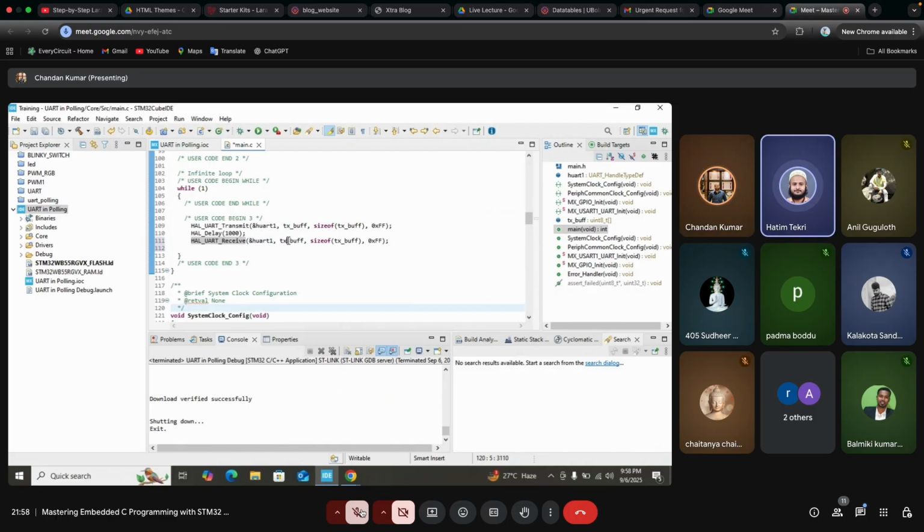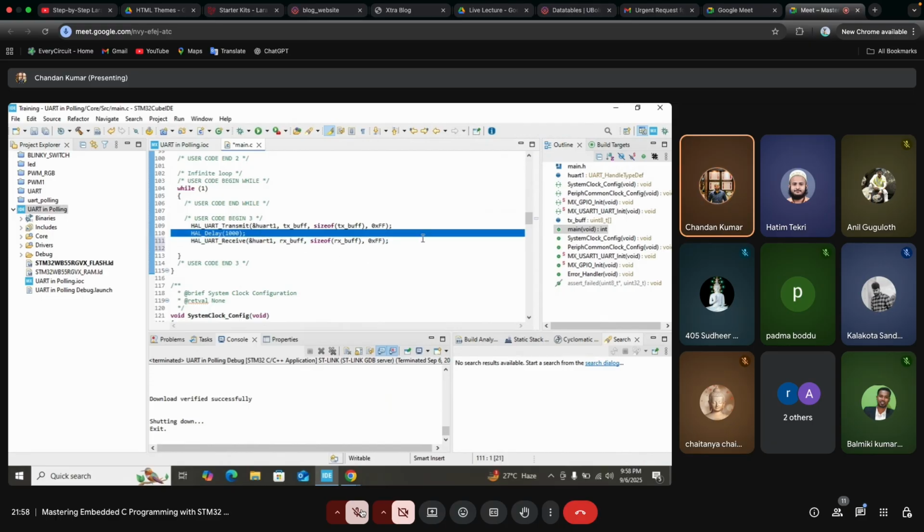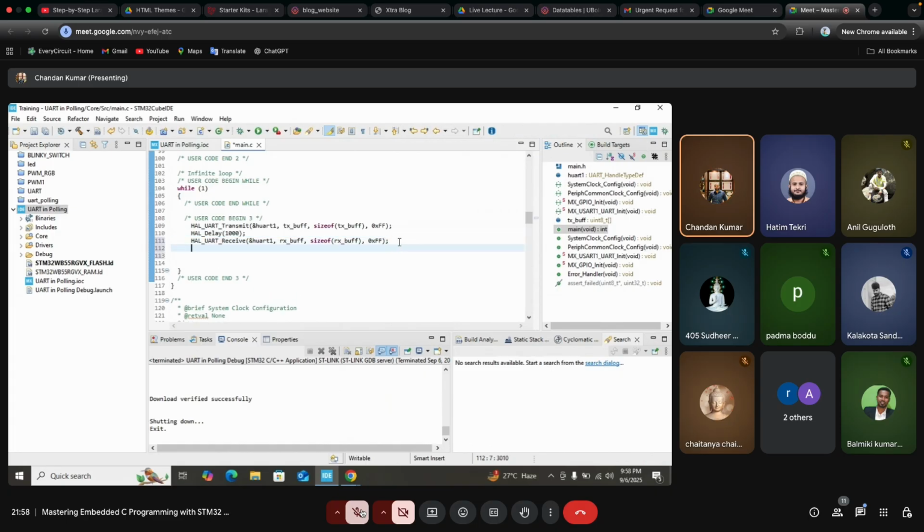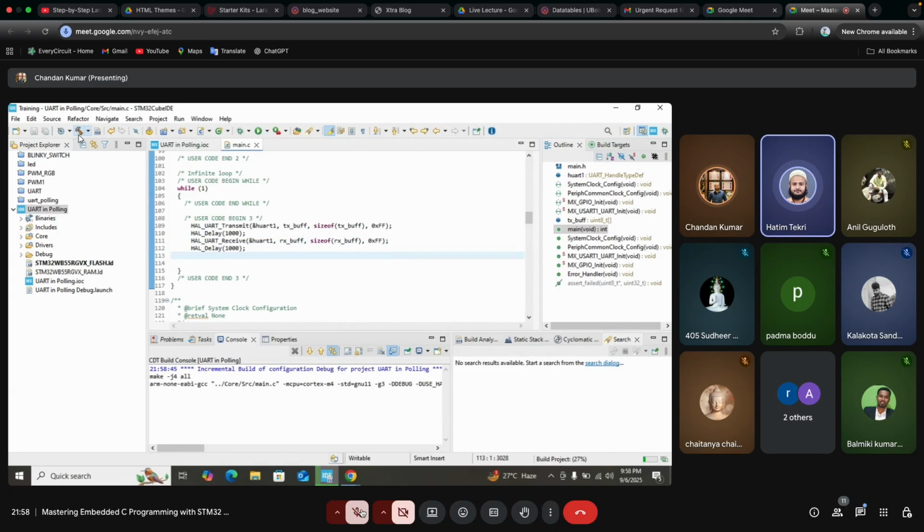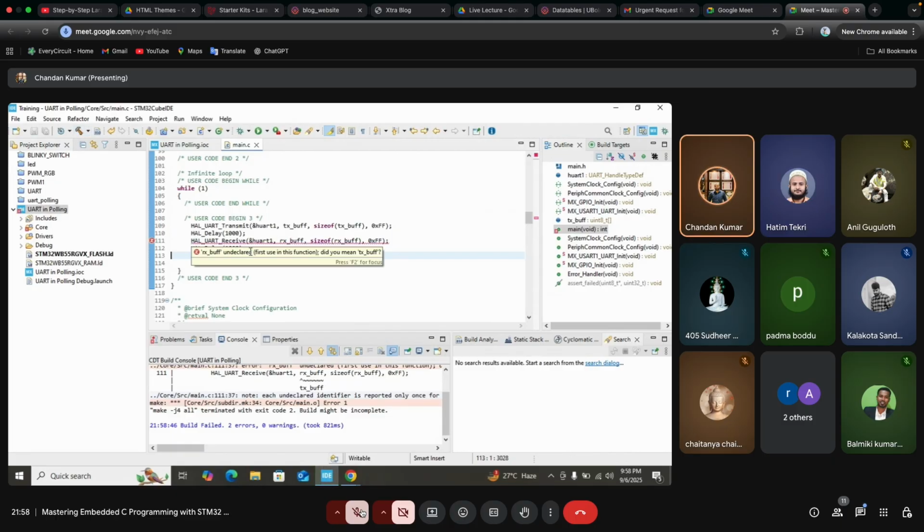Yes, that's the case because here in RX we only get 1 byte of data. Same thing, and I'll just do this. I think Chandan, you have not created RX buff.